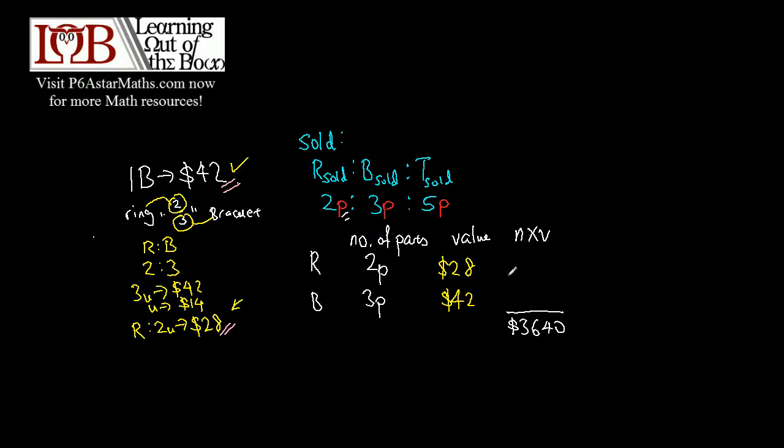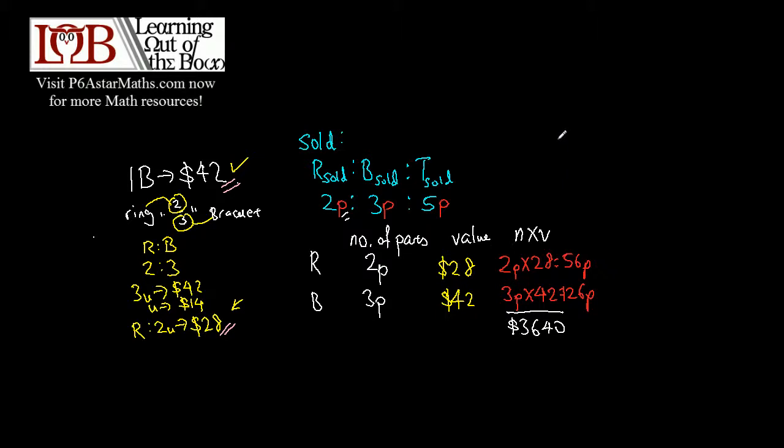So in this case is N times V, 2p times 28, which is equals to 56p, and 3p times 42, which is equals to 126p.